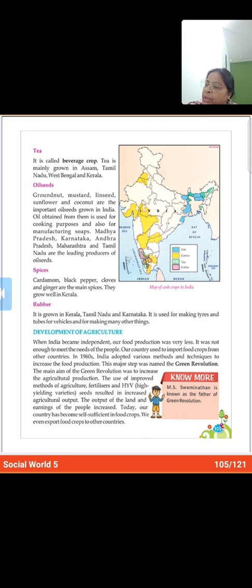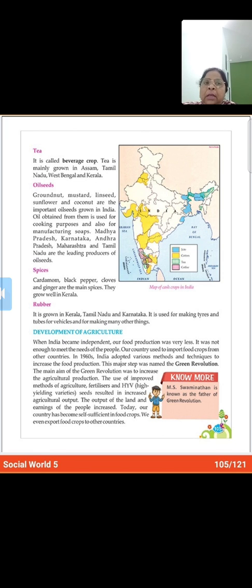Now you have to remember, you better underline the names of the states where these things are grown. Okay. So oil, as the name itself reveals, the seeds are crushed to extract oil.